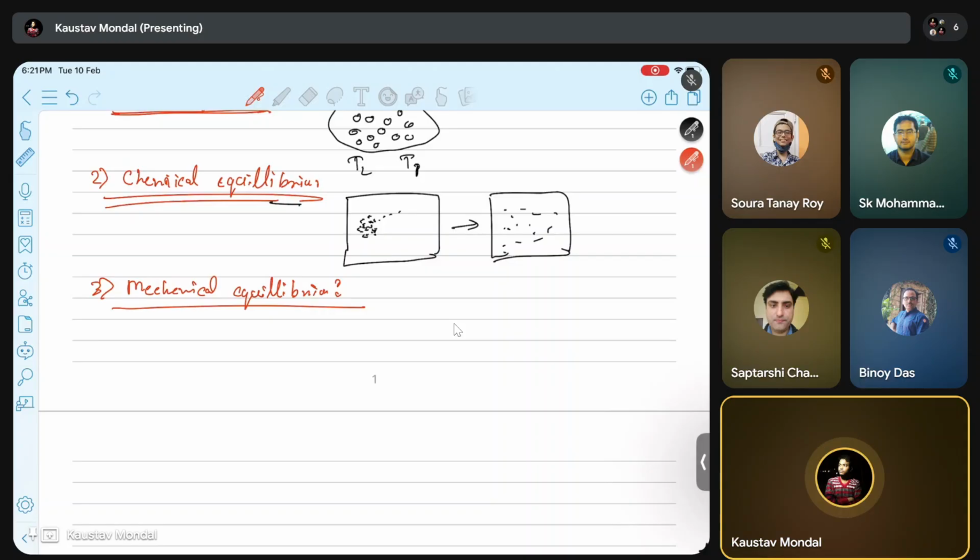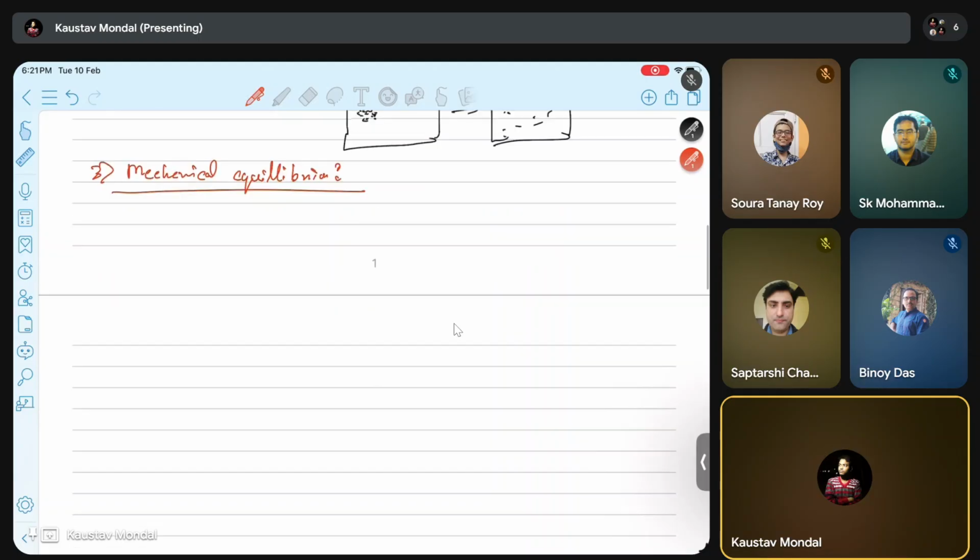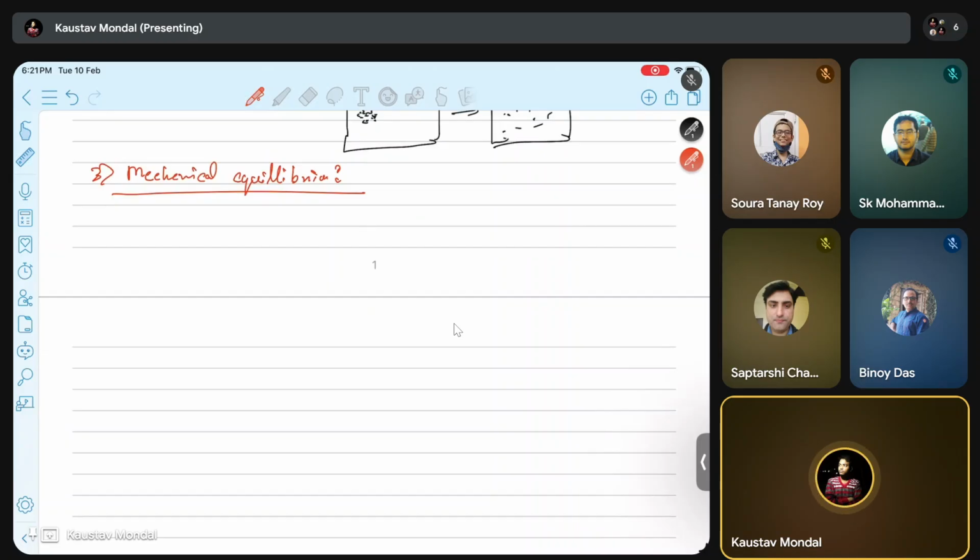Because of all these three types of equilibrium, if you perturb the system from the equilibrium state, then during the process by which the system tries to attain equilibrium, these transport phenomena can be seen. There are several types of properties.